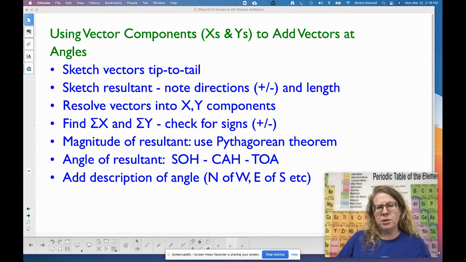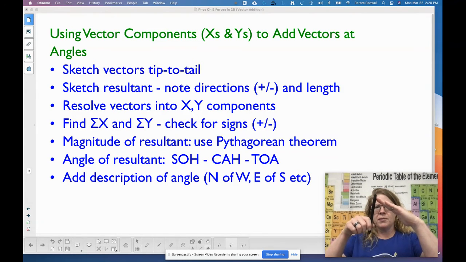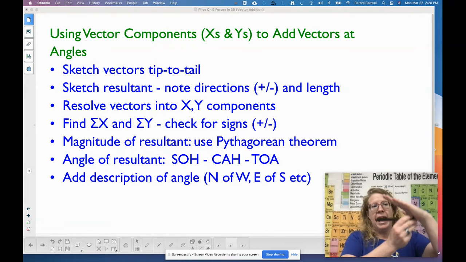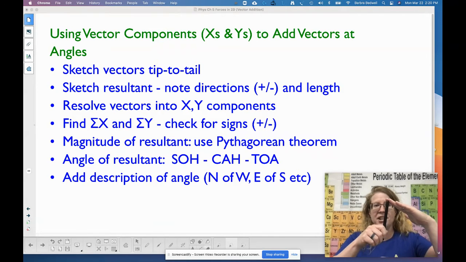What we're going to do is use the idea that every vector, no matter what its angle is, we can talk about in terms of its x component and its y component. Every vector, no matter what its angle is, has an over and it has an up.